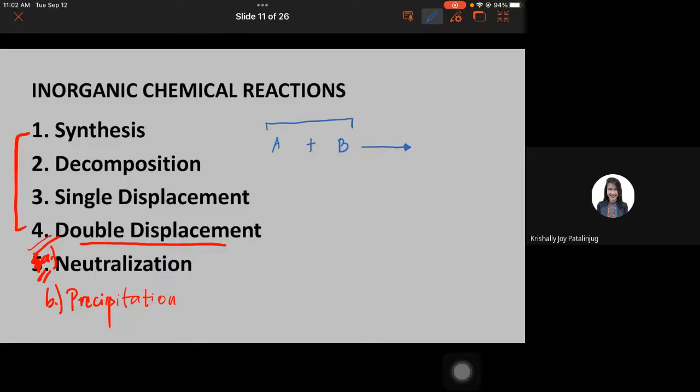We call these substances reactants. And then the products are written on the right portion of the chemical equation. So this portion is the product side.